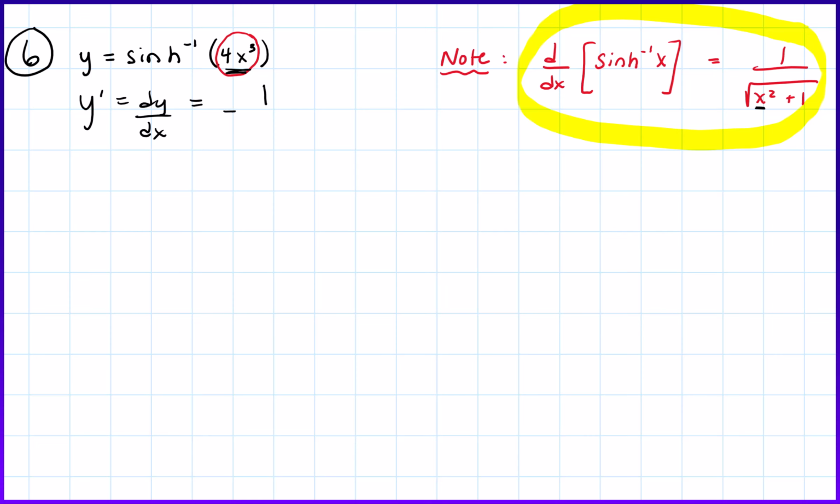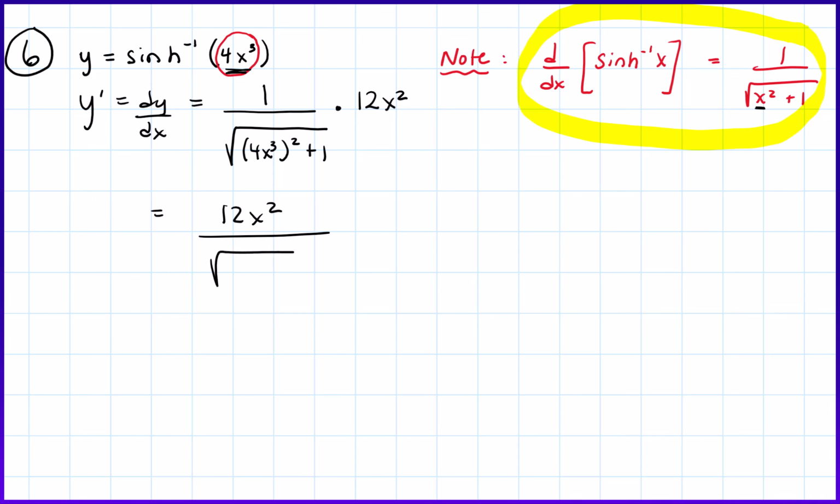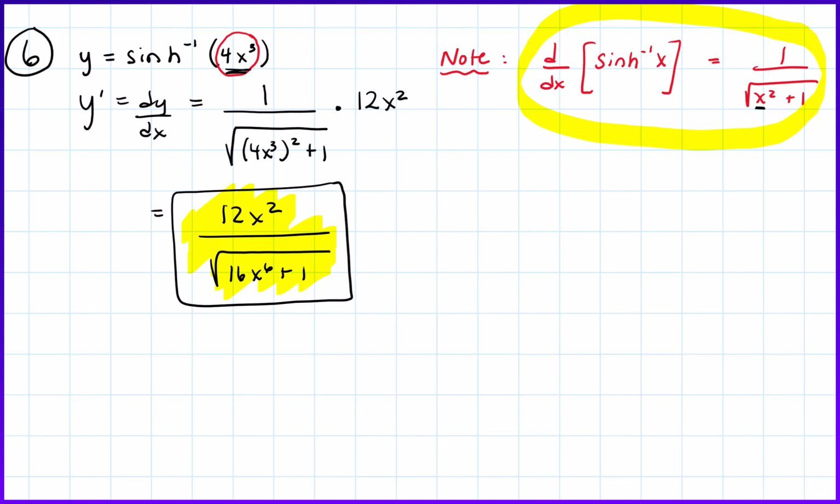So this becomes 1 over the square root of 4x cubed squared plus 1, and then applying the chain rule, we take the derivative of the inside, 12x squared. And that simplifies down to 12x squared over the square root of 16x to the 6th plus 1. And there's my derivative for the inverse hyperbolic sine of 4x cubed.